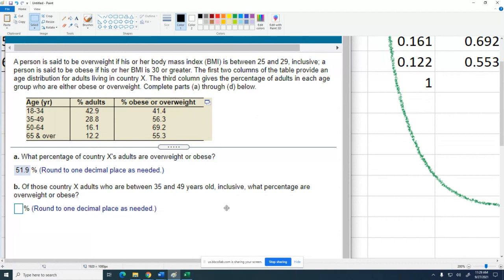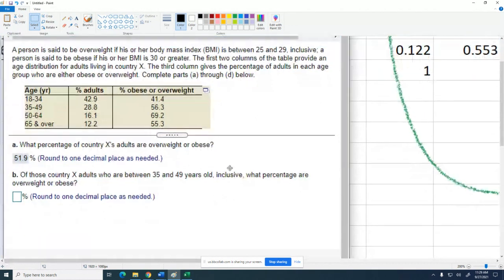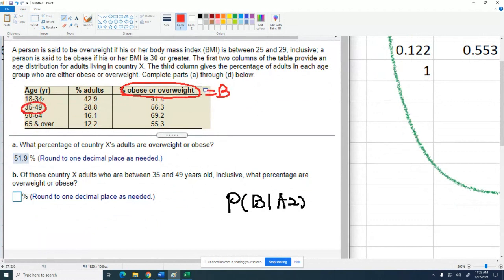It must be either one. B given A2, where we assigned B as overweight and 35 to 49 as A2, or A2 given B. Which one? Number 1 or number 2?